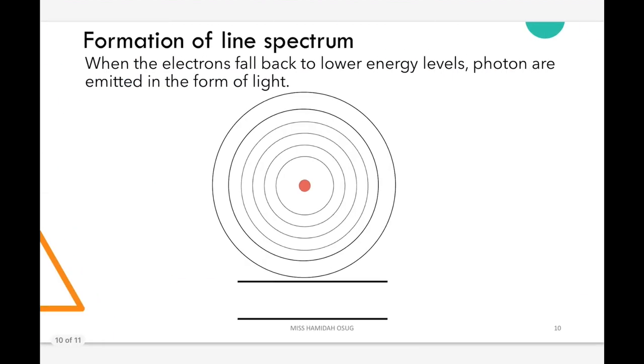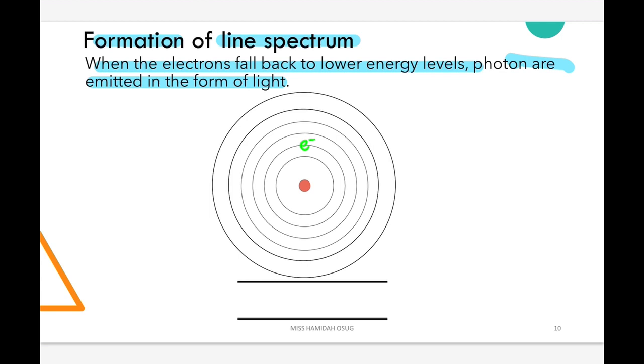So let's recap on how the line spectrum is formed. When the electrons fall back to lower energy levels, you must remember this, photons are emitted in the form of light. For an example, we have an electron that is being excited at n equals 2.